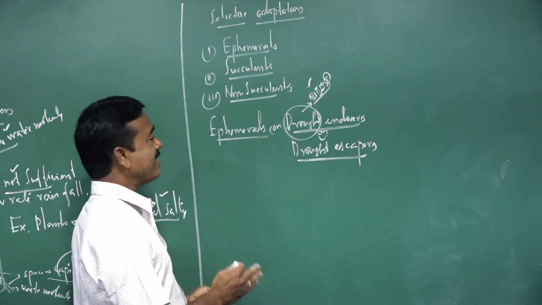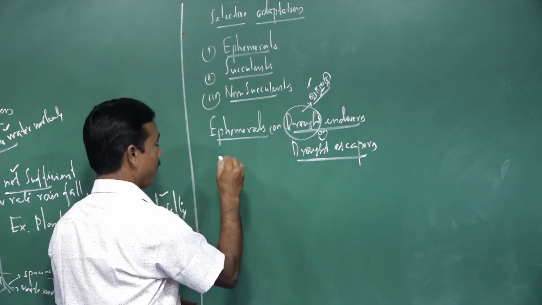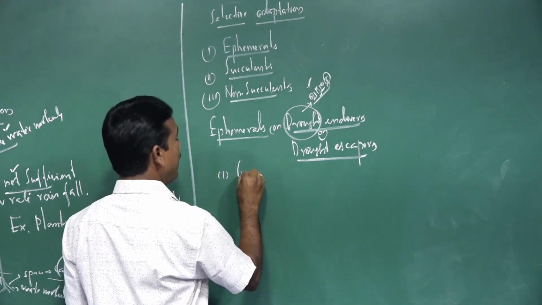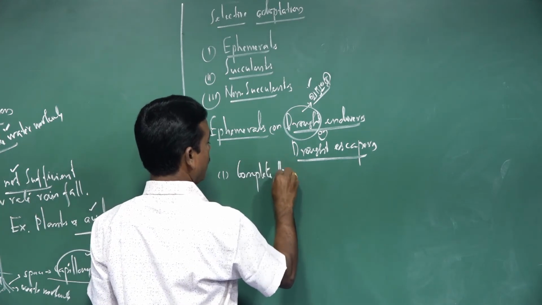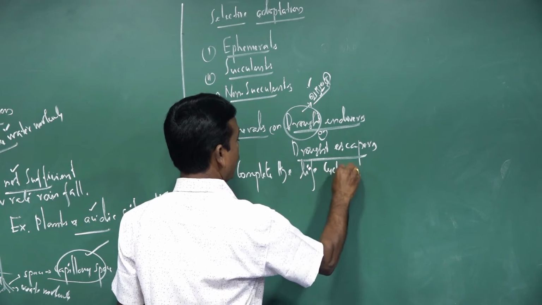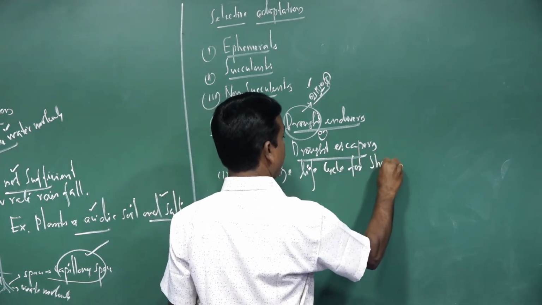What characteristic features are found in ephemerals? First, these plants complete the life cycle in a short period.